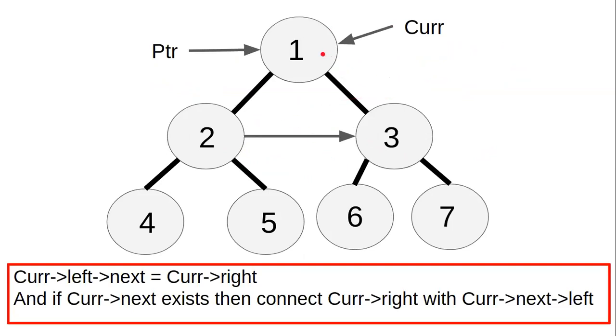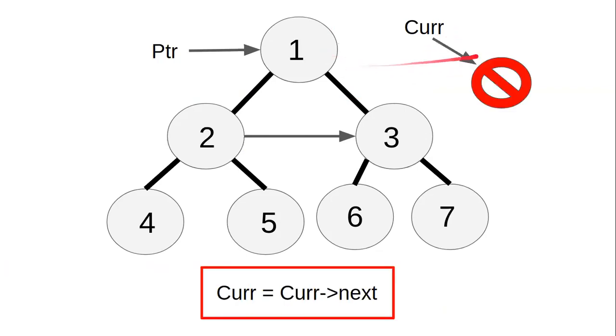Now it will see whether a next node exists or not. So it will move to next and find that it is null. There is nothing. What does it mean? It means that it will say to PTR, hey, I have just reached the end of the current level, so there is no more node to connect. Please move to your left.